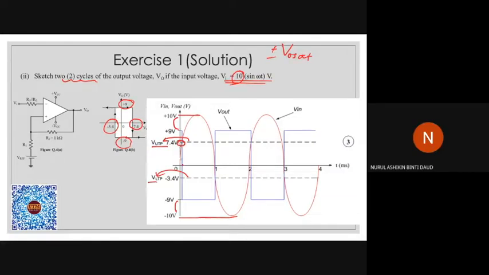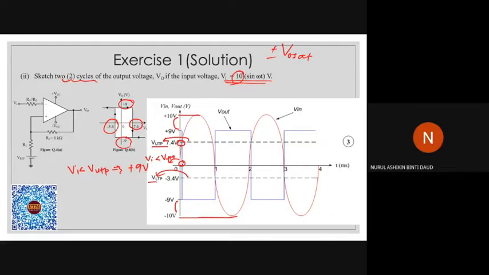At this interval, V input is lesser than V UTP. So when V input is lesser than V UTP, your output value will be positive 9 volts.